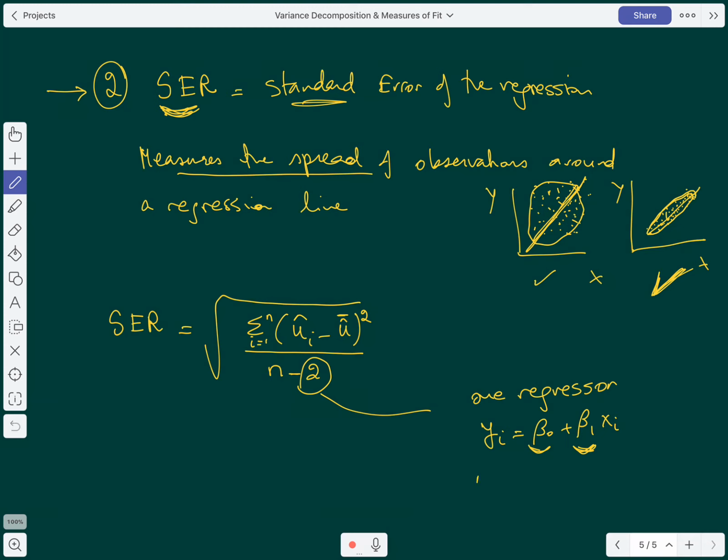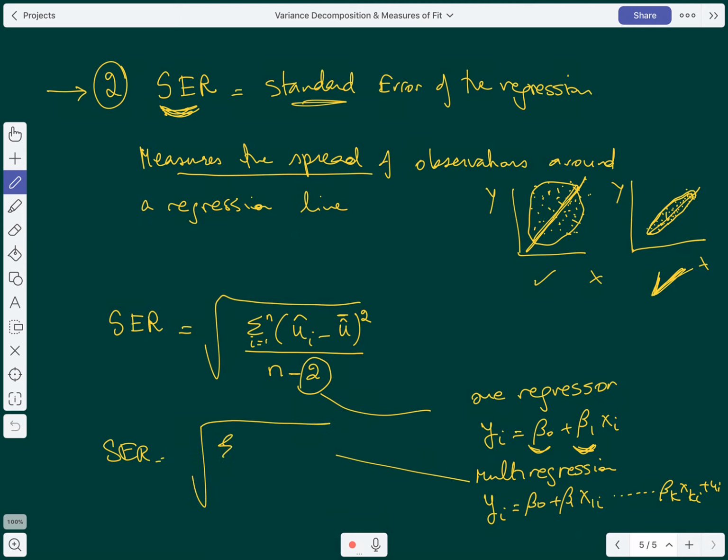But if I have multiple regressors, to make this adjustment of degrees of freedom more general, a multi-regression model would have y_i equal to beta naught plus beta 1 x_1i all the way up to beta k x_ki plus u_i. So in a multi-regression model, we would write SER as follows.